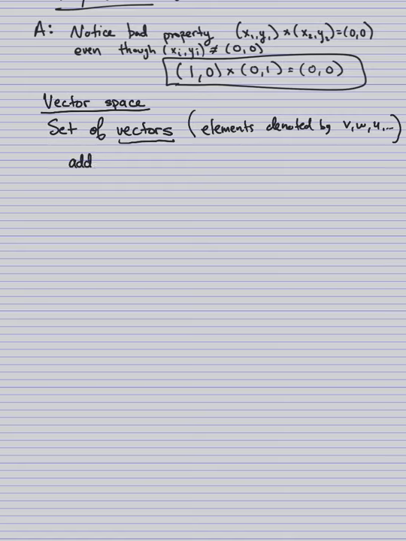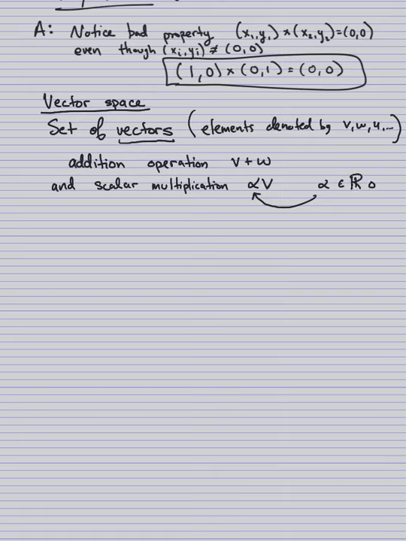So there's an addition operation, v plus w, and there's what's called scalar multiplication, which means that we can take a vector and multiply it by a number alpha, where alpha, for us, is really going to be in the real numbers or the complex numbers.